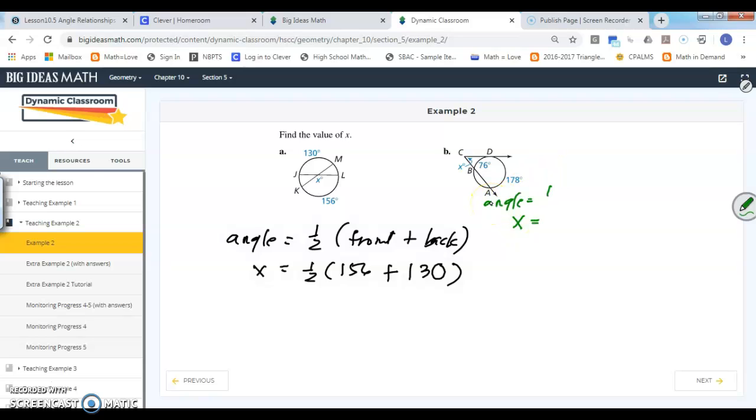Angle is 1/2 times the quantity bigger arc minus the smaller arc. So x is equal to 1/2 times the bigger arc, 178, minus the smaller arc, 176. So you subtract these 2 values, and then whatever the difference is, you divide it by 2.